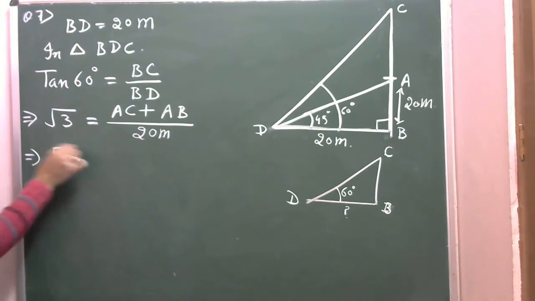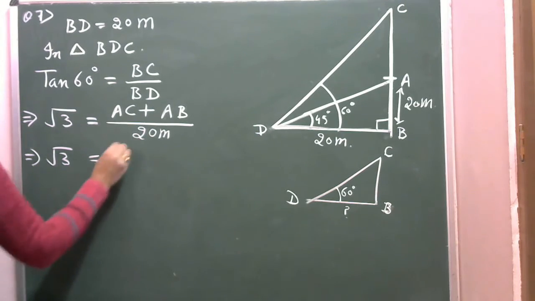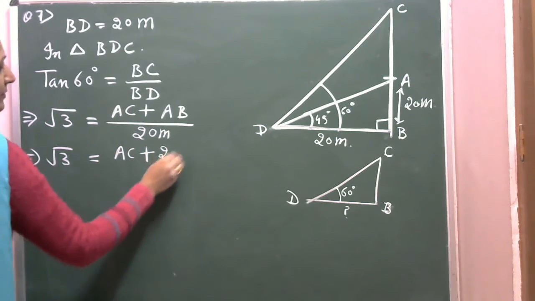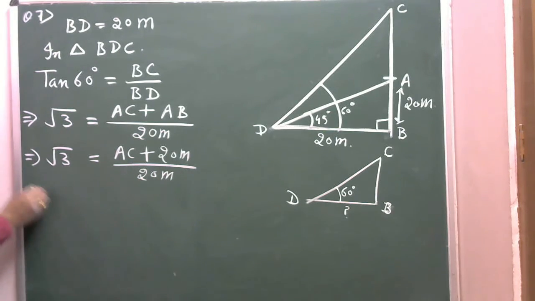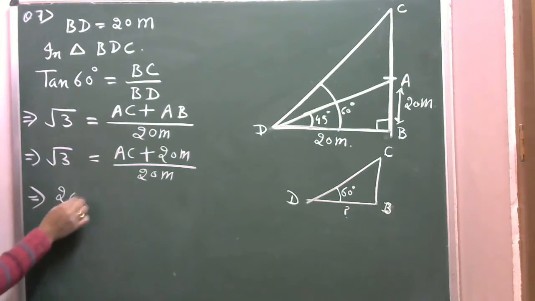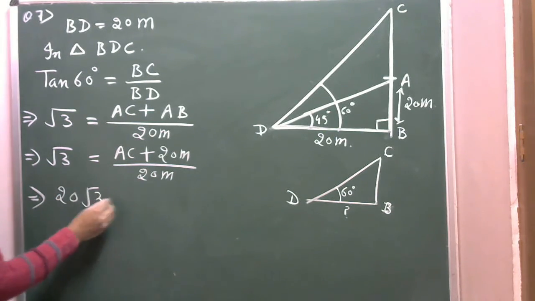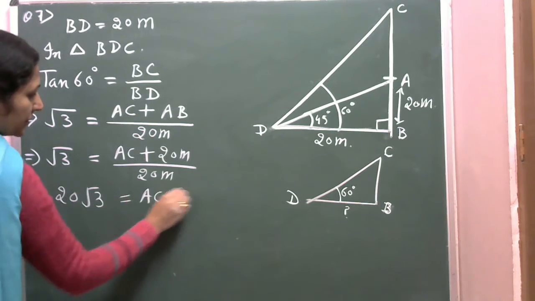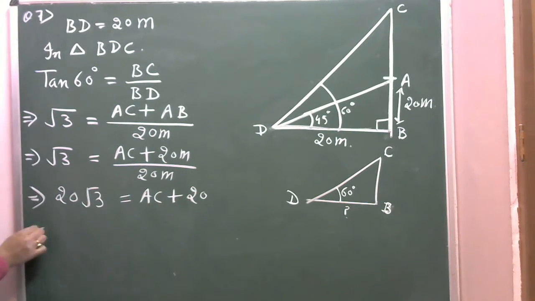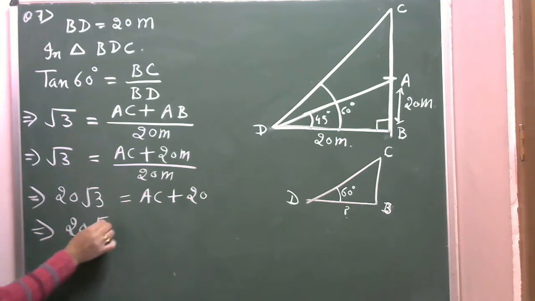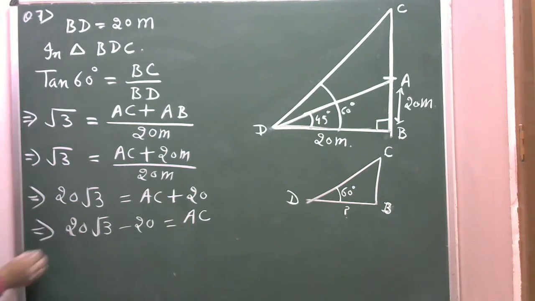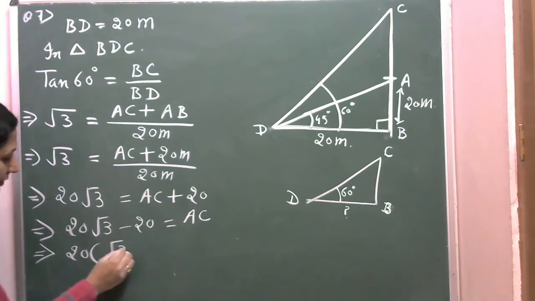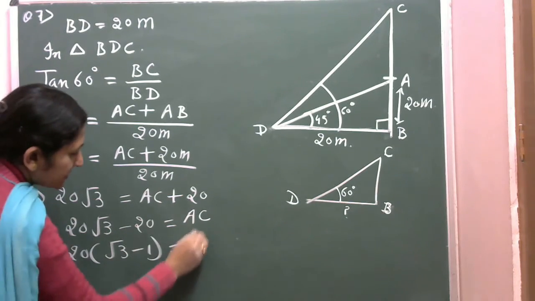So here under root 3 is equal to AC plus 20 meter over BD, also 20 meter. So 20 meter will be multiplied: 20 under root 3 is equal to AC plus 20. 20 under root 3 minus 20 is equal to AC, which implies 20 common, under root 3 minus 1, is equal to AC.